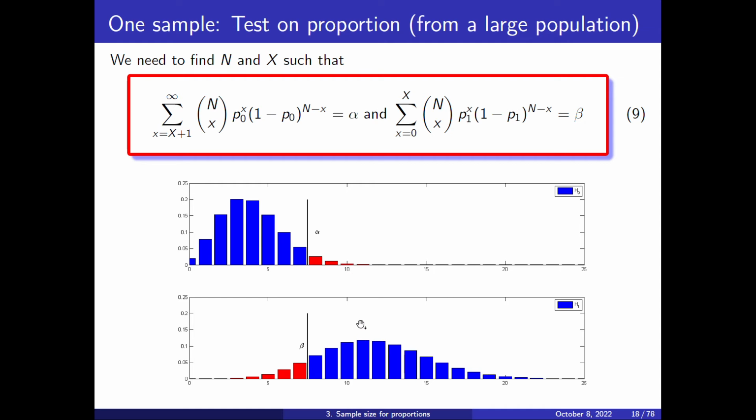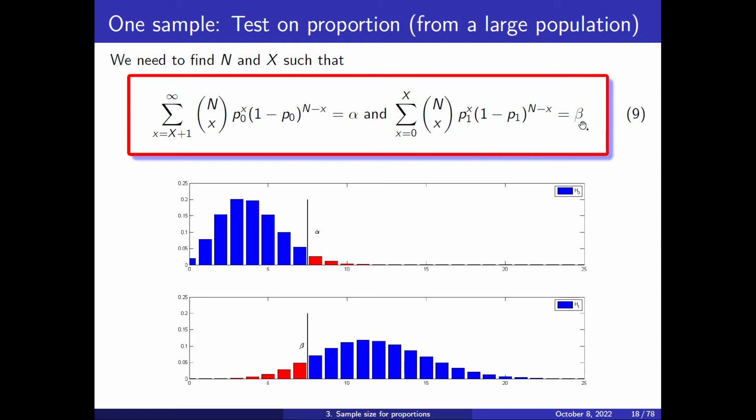And then, as always, you need to find a critical value such that from that value to the right there is alpha, and from that value to the left there is beta. That is what is explained in this equation. So from that value, that is x, the critical value, to the right there is alpha, and from that value x to the left, that is from 0 to x, in the alternative, that is beta.